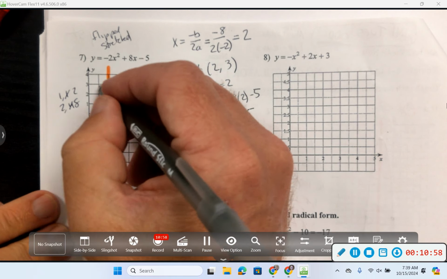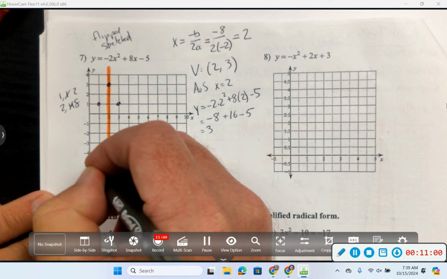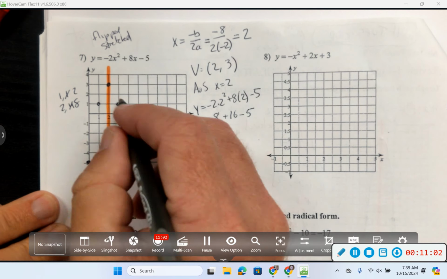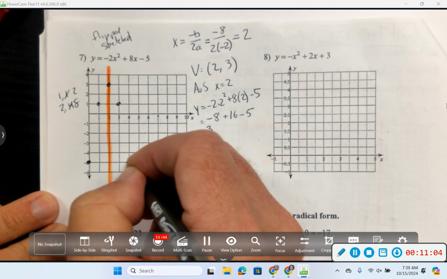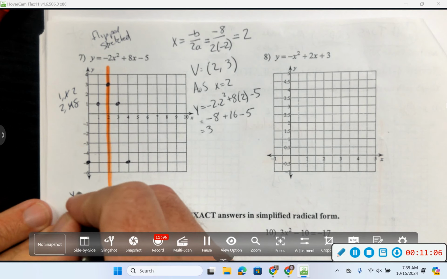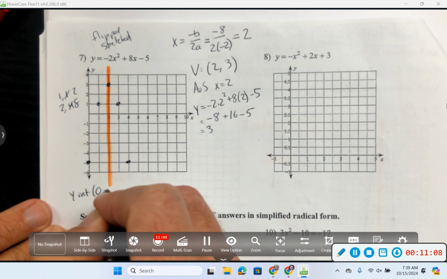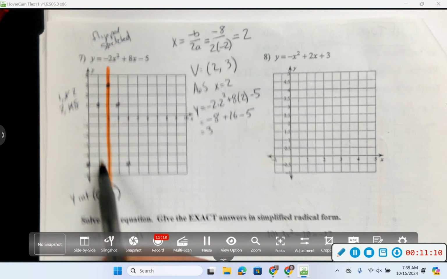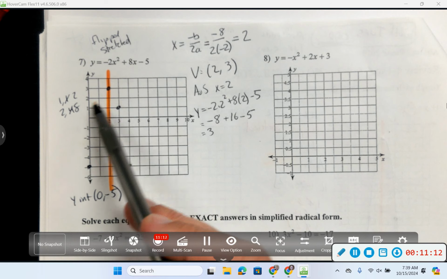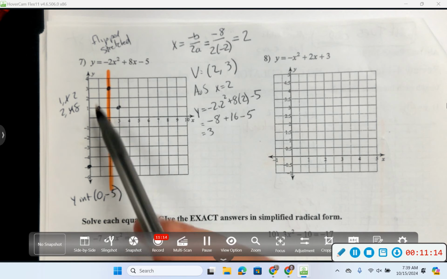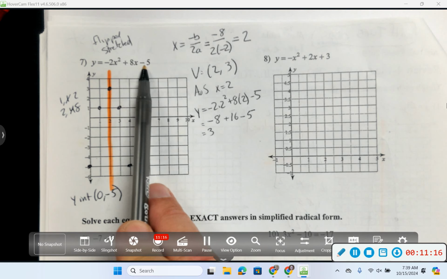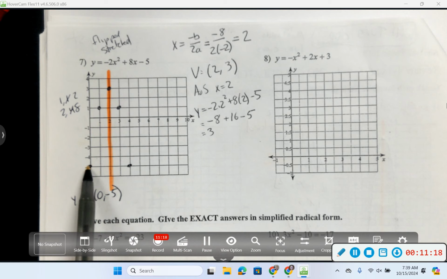In fact, I'm going to go ahead and do the 2, 8, because that gets me the y-intercept, although that's the easier one anyway. So y-intercept is 0, negative 5. I found that by doing the 1, 1, 2, 4 stuff, but I could also plug in 0 and get negative 5. So either way, it'll land on that y-intercept.